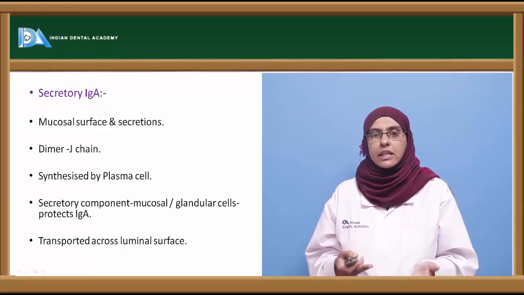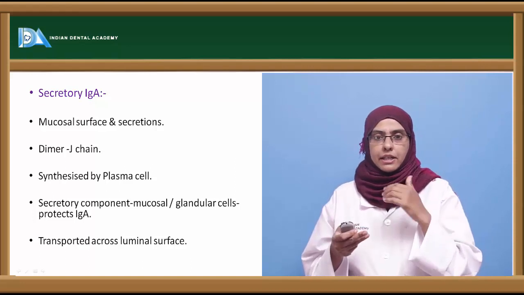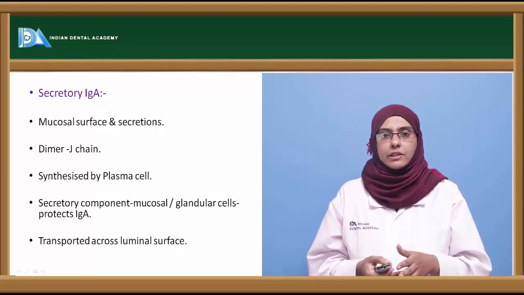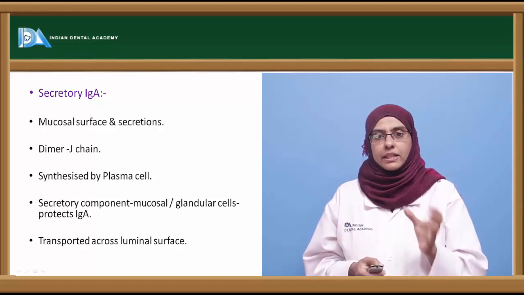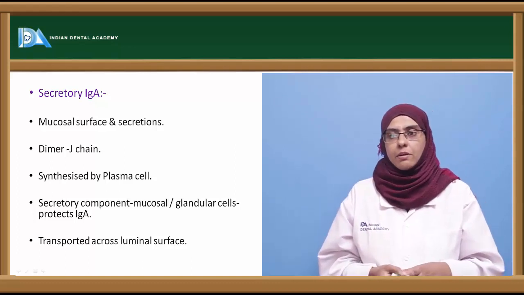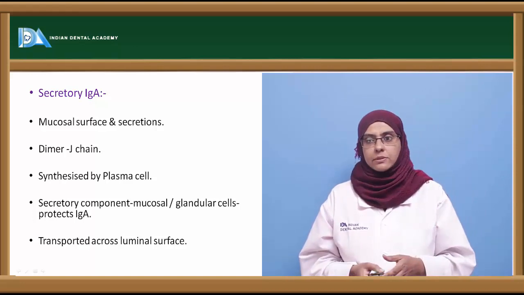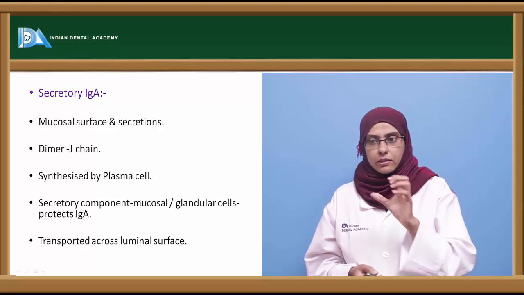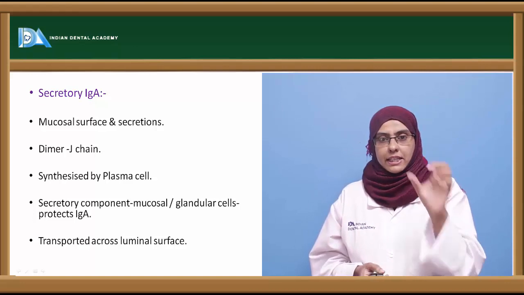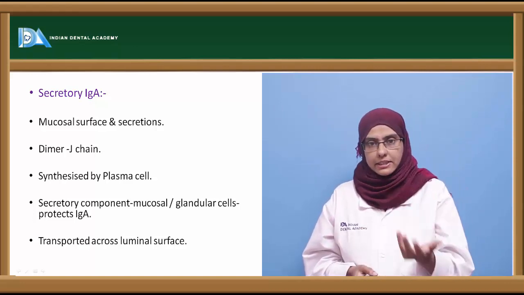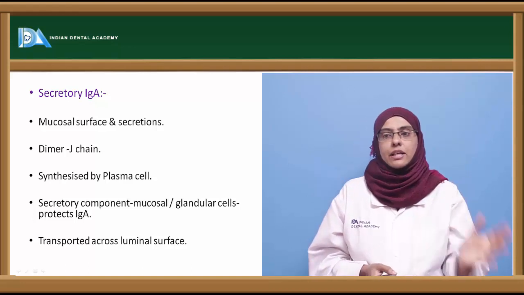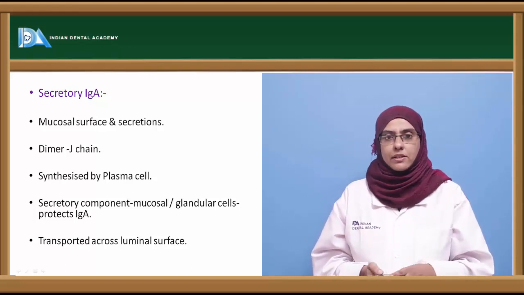So it protects the IgA from getting cleaved by bacteriolytic enzymes. This secretory component is attached to the normal IgA molecule, and because it acts as a receptor, it helps the IgA to get transported across the luminal surfaces.